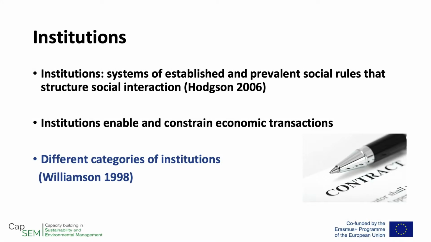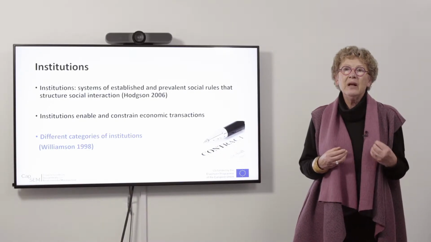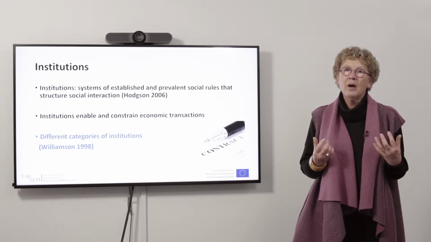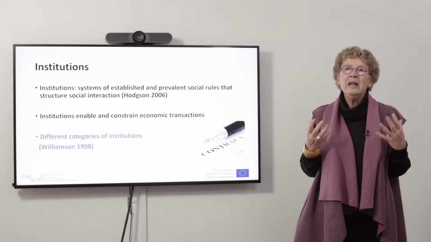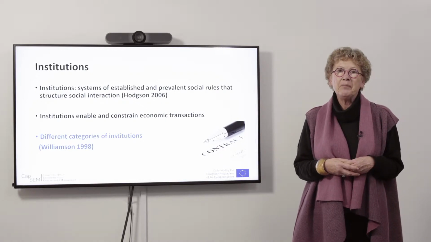Institutions are useful as they enable and constrain economic transactions and reduce transaction costs. Institutions are the set of formal and informal rules that define how the system works and how it is operated. Oliver Williamson defines a hierarchy of institutions in his work on institutional economics. We will take a brief look at this now.